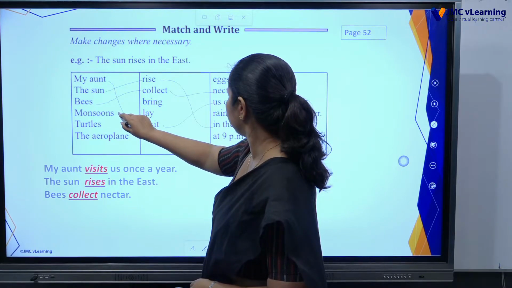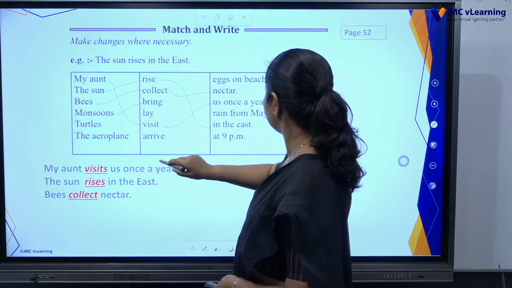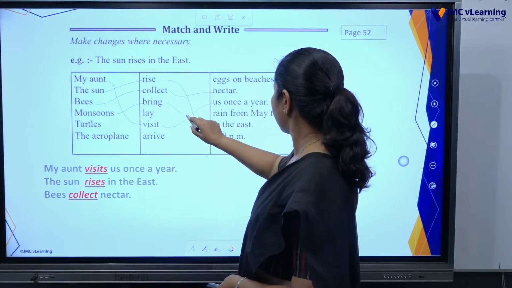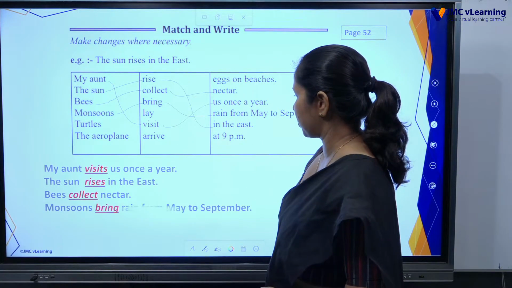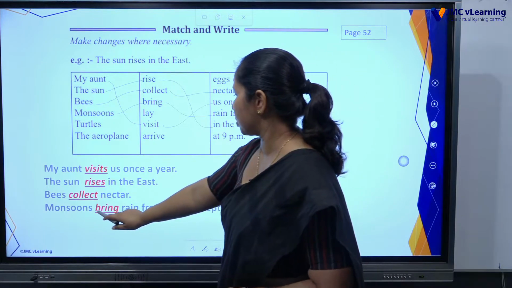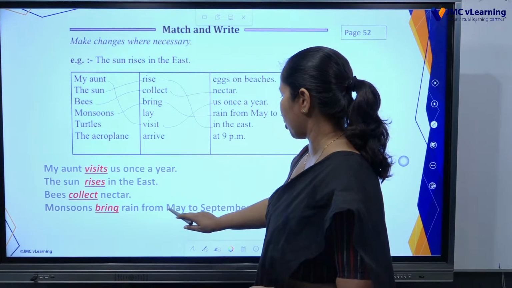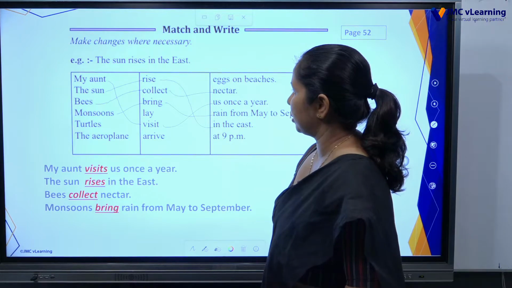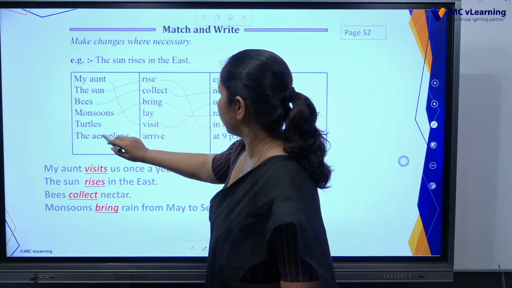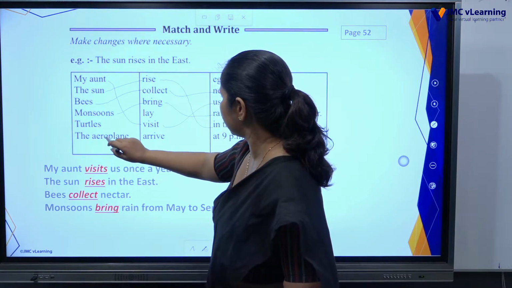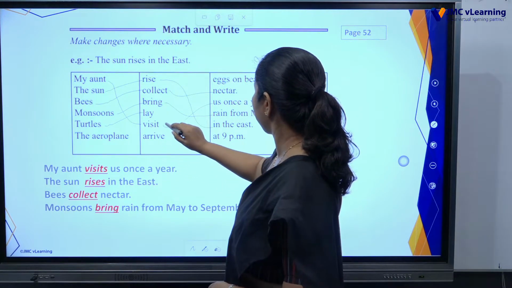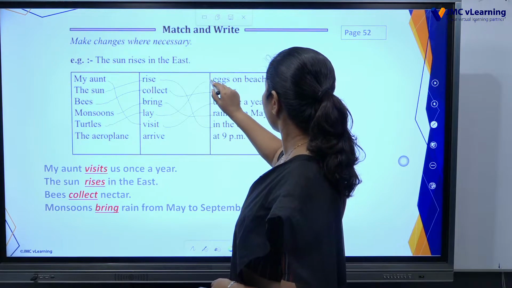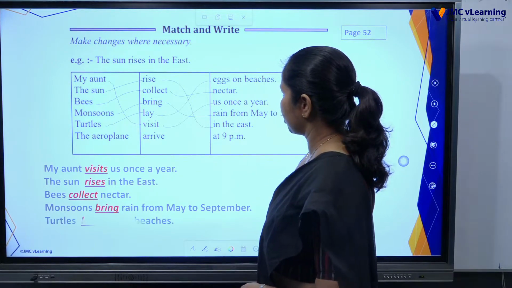Monsoons bring rain from May to September. The next one, turtles lay eggs on the beach.